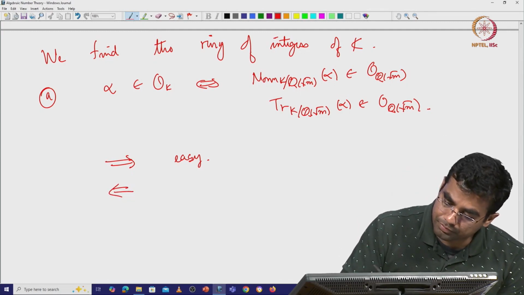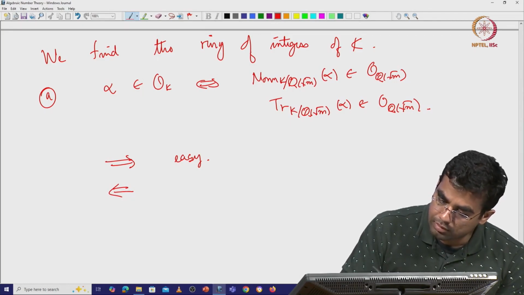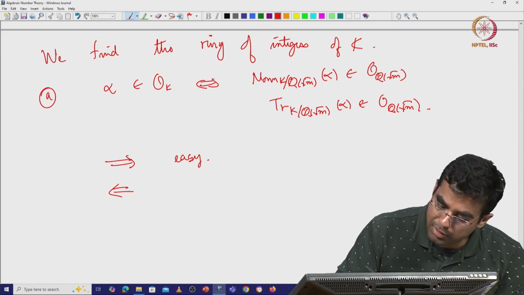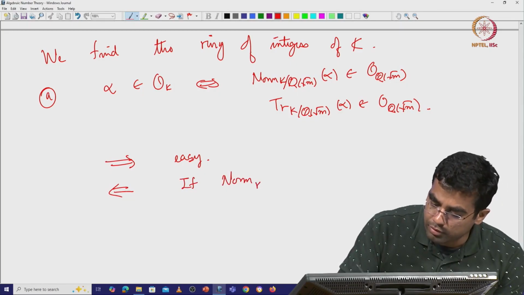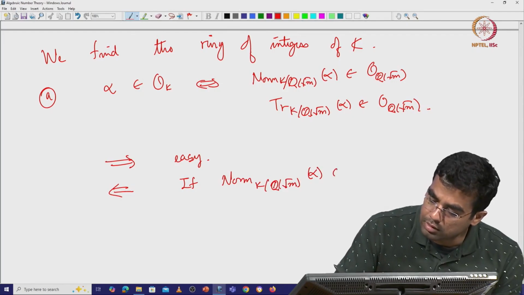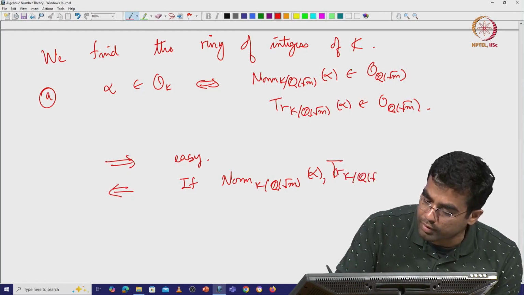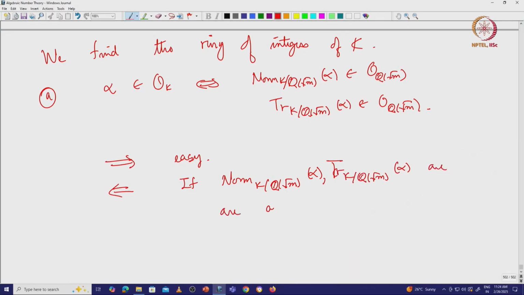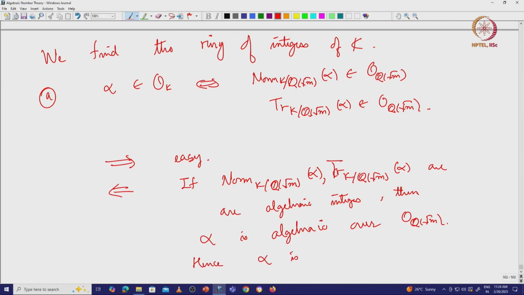If the norm from K to Q(square root of m) of alpha and the trace from K to Q(square root of m) of alpha are algebraic integers, then alpha is algebraic over O_Q(square root of m), and so alpha is integral over Z. So, alpha belongs to O_K.